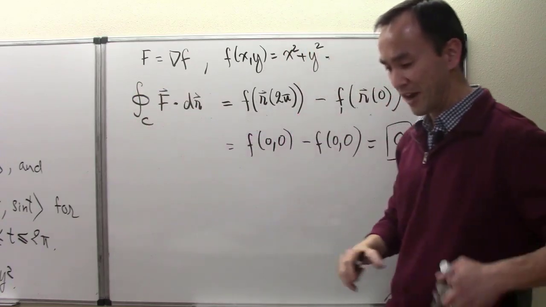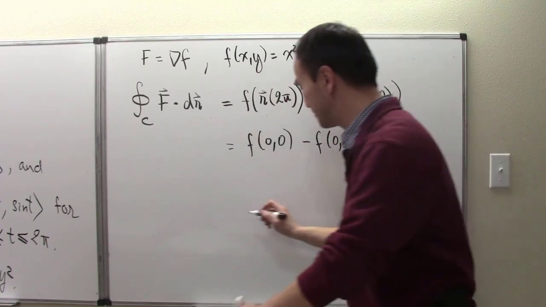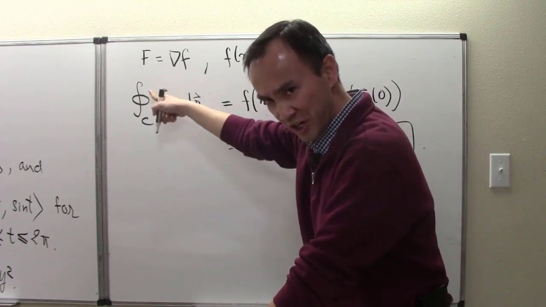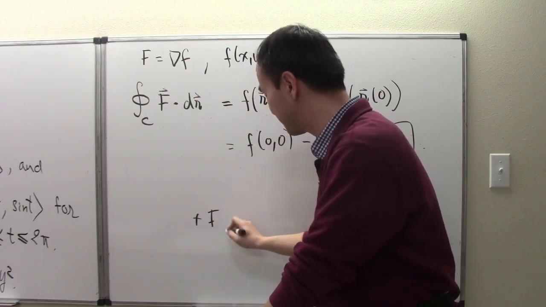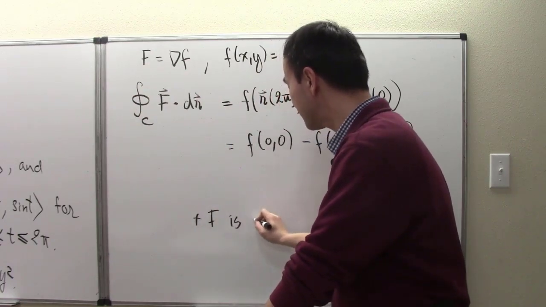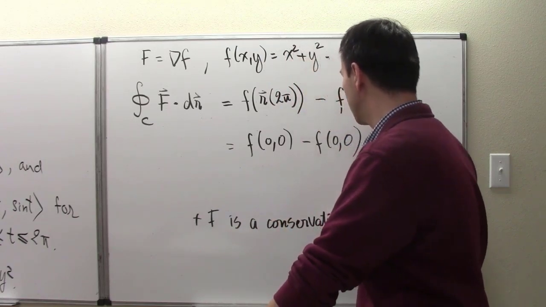Okay? But as we were going along with this one, constantly remind yourself that it's a closed curve in positive orientation, but keep reminding yourself that f is a conservative field.